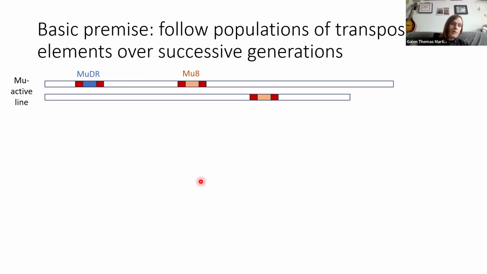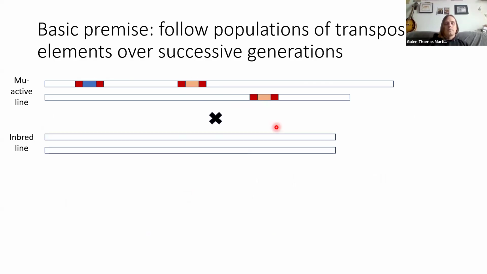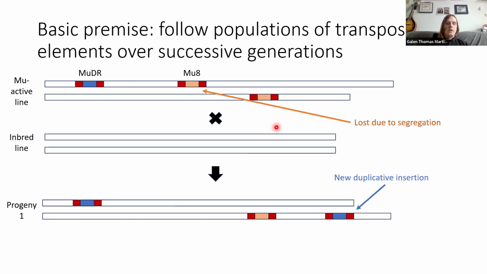So the basic premise of what I'm doing is I'm just taking these mu active lines with these active MuDR elements and a bunch of non-autonomous elements. And I'm crossing them over and over again back to regular B73 without the autonomous elements to see which lineages of mutator elements are actually more successful in terms of creating new copies of themselves.